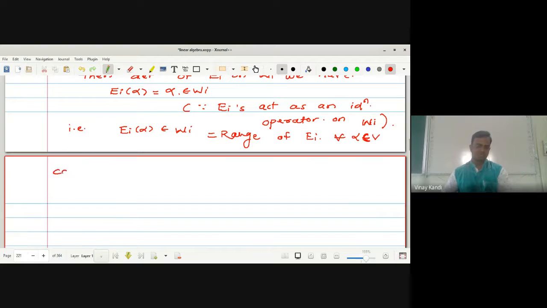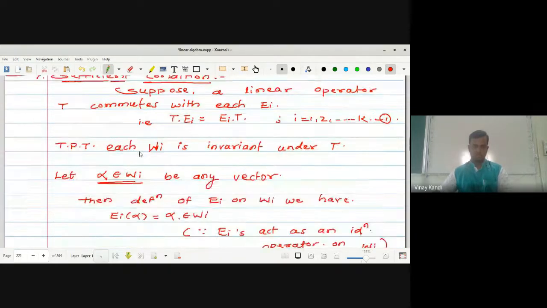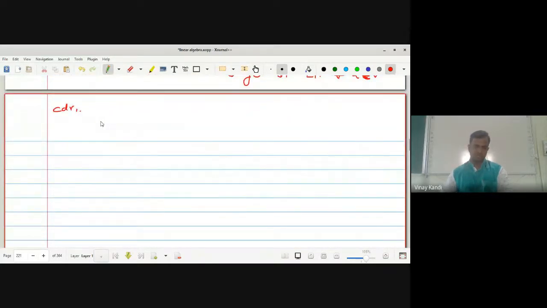Now consider, we have to prove that T into Ei is equal to Ei into T. Ti of alpha belongs to Wi. We have to prove that T of alpha belongs to Wi. So consider T of alpha. What is T of alpha? Where does this alpha come from? Wi.